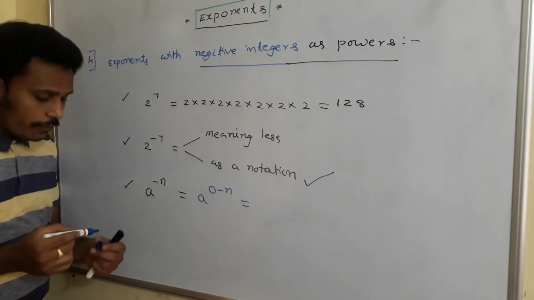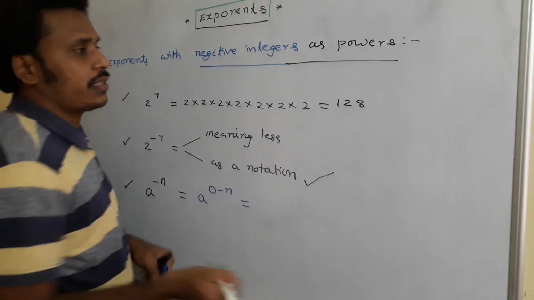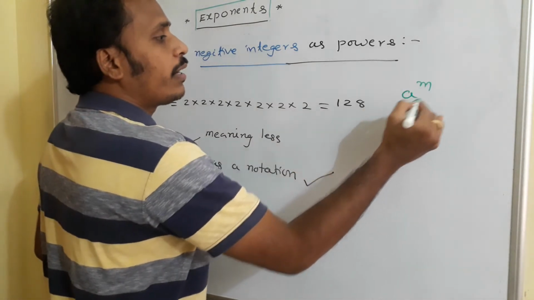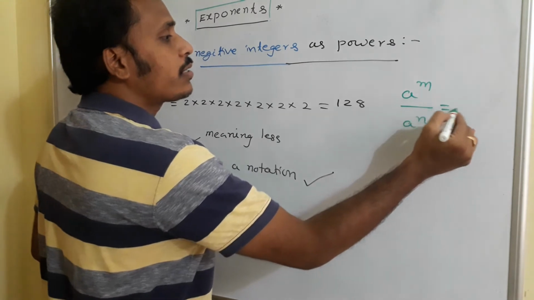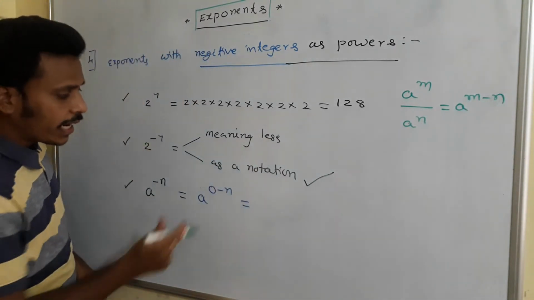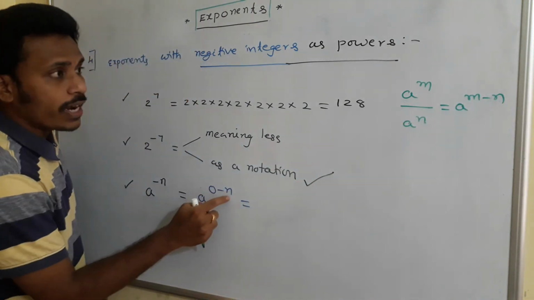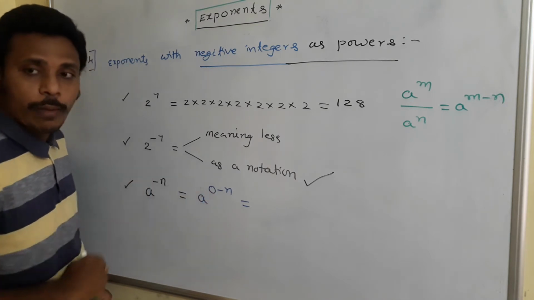Yeah, and we have different laws with us. One of the laws is what? As we are discussing, a power m divided by a power n is simply a power m minus n, right? With that idea, I will rewrite it like this. For m and n, here 0 and n. n is same, but instead of m I have 0.